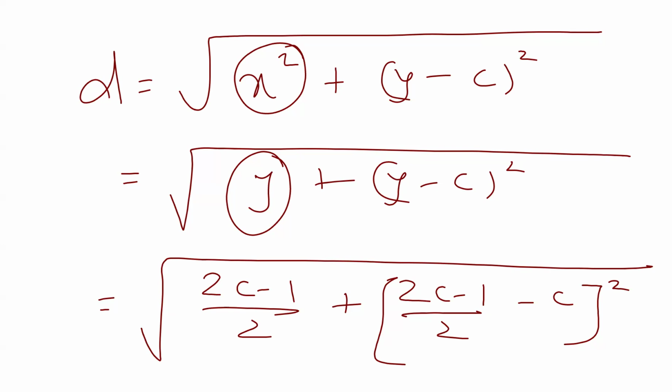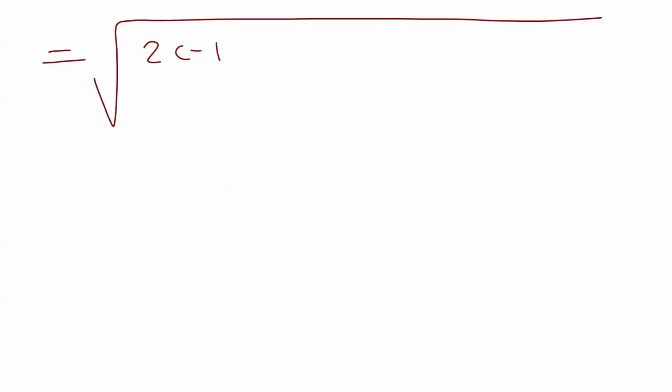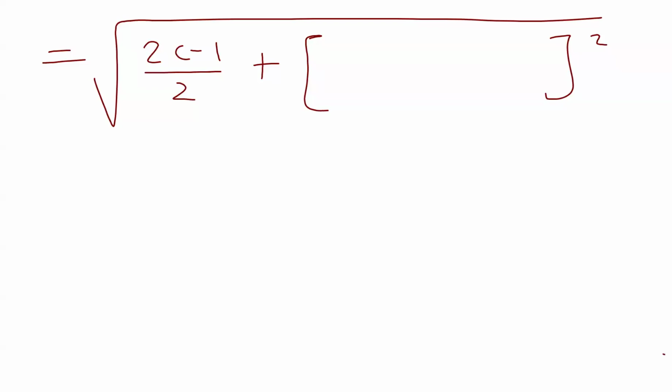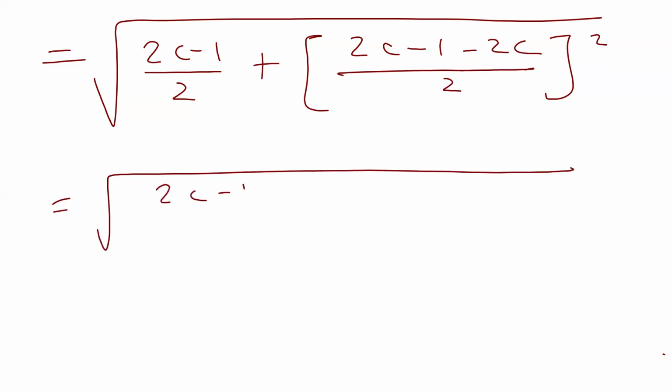Yeah. So if we simplify this box bracket, so this will be root of 2c minus 1 upon 2. Fine. So this 2 will go over here. 2c minus 1 minus 2c. LCM I have taken upon 2. 2c minus 1 upon 2 plus 2c, 2c gone. So this will be 1 upon 4. Again take LCM.